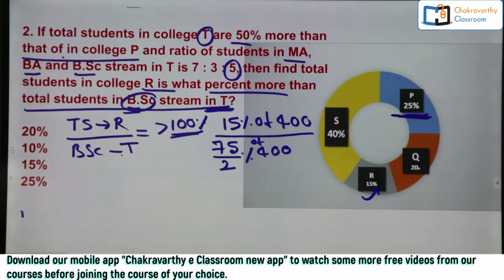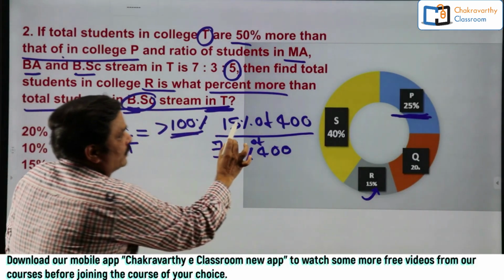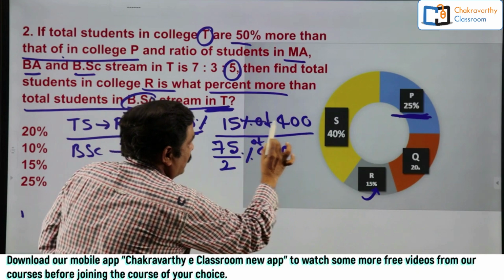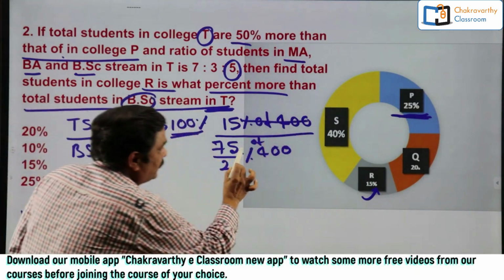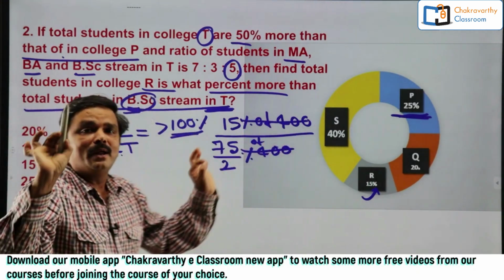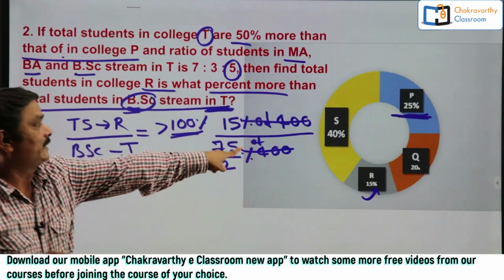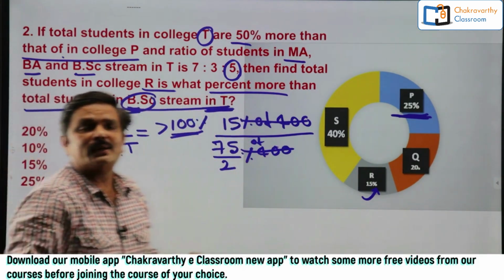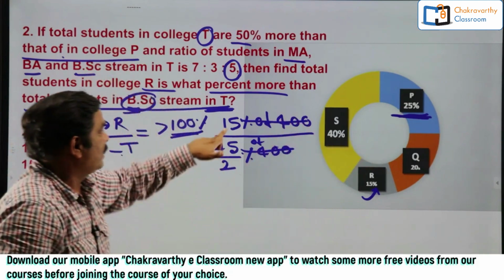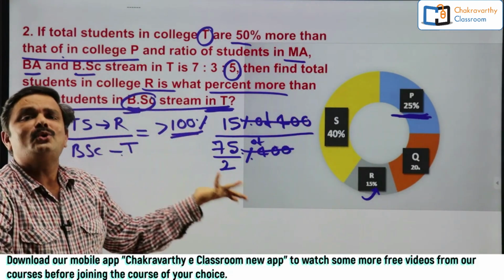Why am I writing this step, students? Anyway, this percentage of 400 and percentage of 400 is going to be cancelled. If any beginner is there, you understand. And the advanced students, directly you do it this way, only 15 will be the numerator.